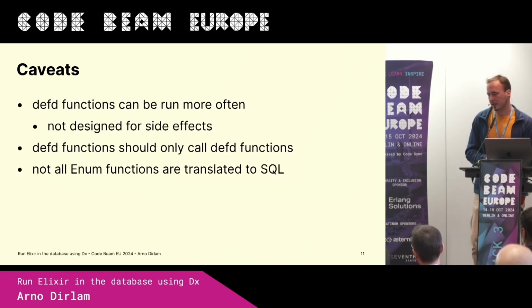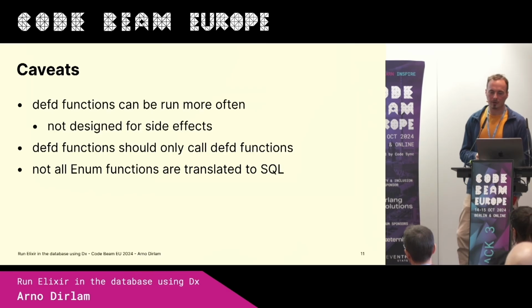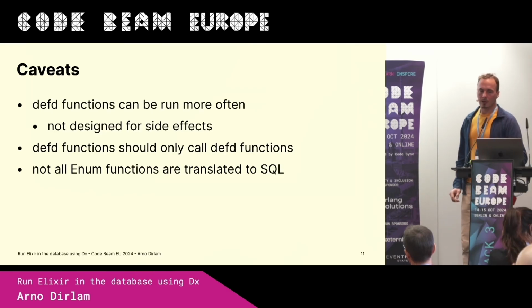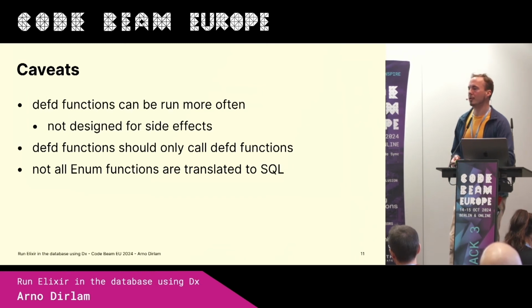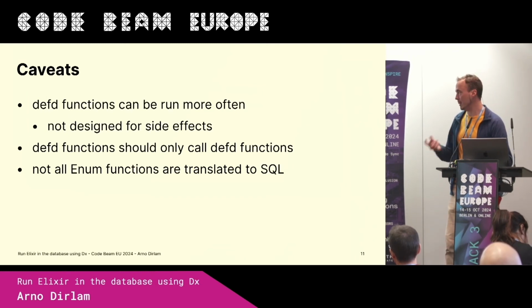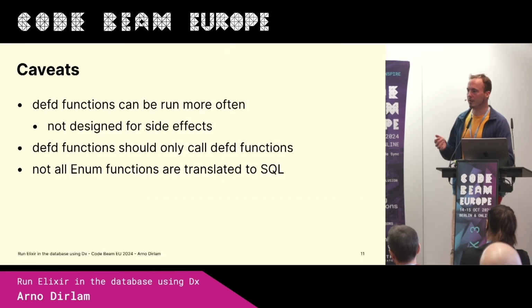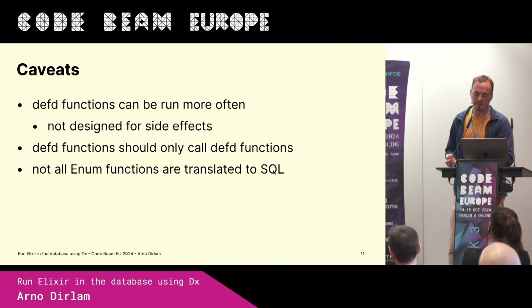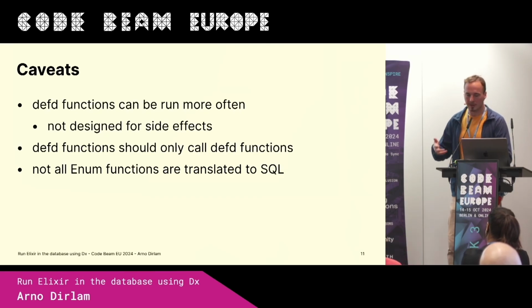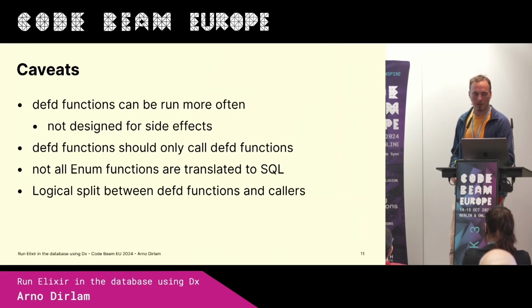And as I mentioned, not all enum functions are translated to SQL. I started with filtering in general, and I think that's where it has the greatest benefit. Maybe later on sorting could be translated to SQL as well, and maybe even later on enum map, basically mapping. But for now it's filters.